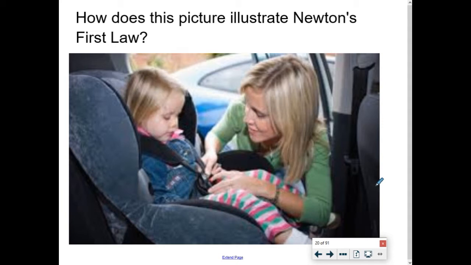Objects in motion stay in motion unless something stops them. And so if we don't wear seatbelts, if we don't have airbags, if we don't have restraints, objects that are moving will stay moving unless an external force, like these seatbelt straps right here, acts on them. Kids would just go flying out of your seats if you stop your car too quickly.